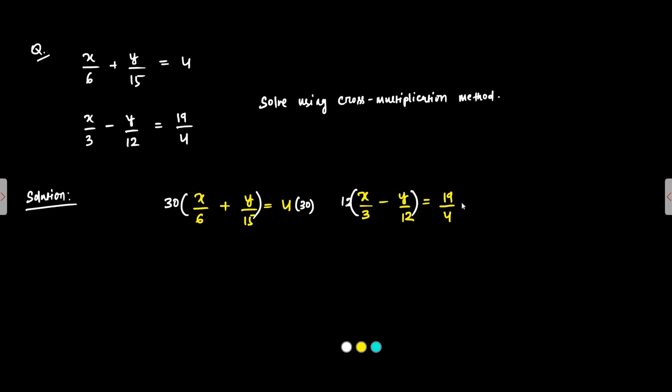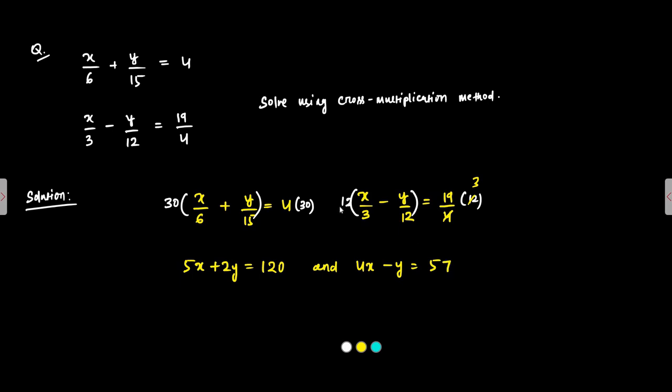On both sides. So we have 5x plus 2y is equal to 120, and here we have 4x minus y is equal to 12 into 3, that is 57.